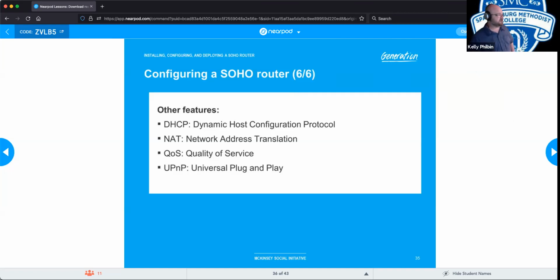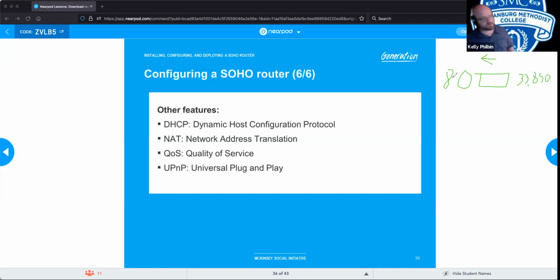So if we're sending something out to port 80, we want to talk to a web address, then we have our data packet right here, and we're sending it from port number 33,850. And it's going out.